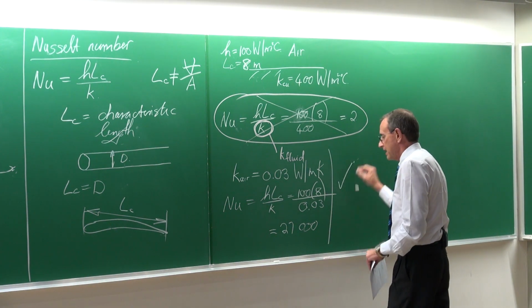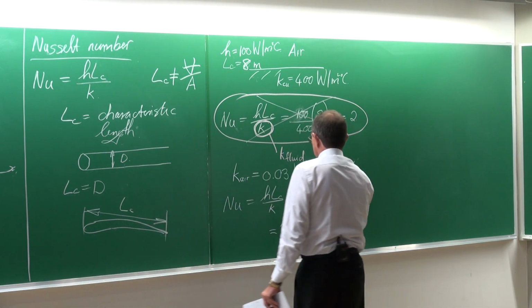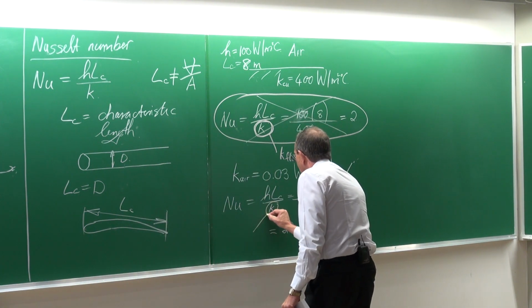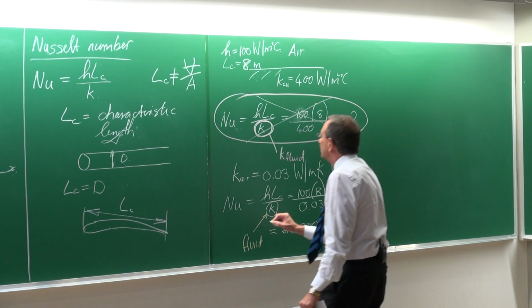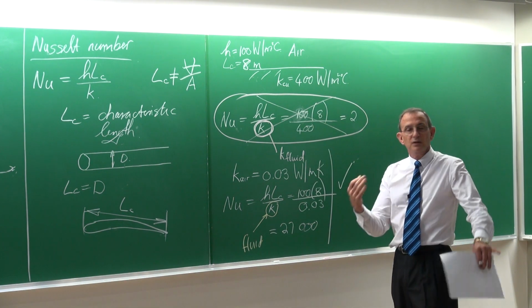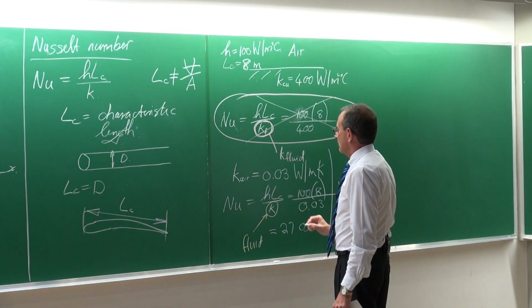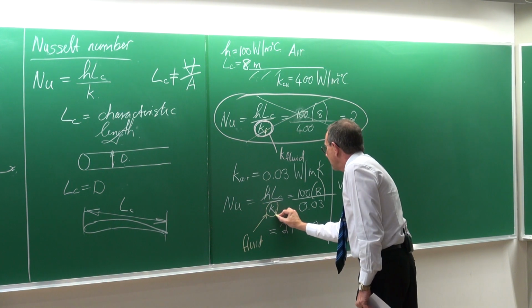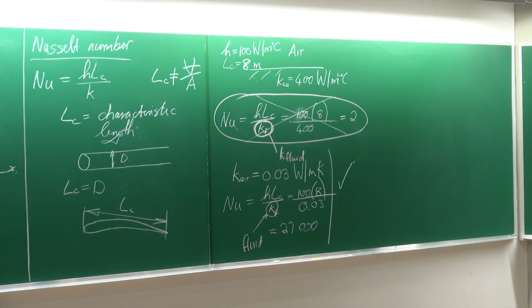So this is correct. And this K value here is the K value of the fluid. And if you want to, in your textbook, maybe you can actually put a footnote in it so that you always remember it's the K value of the fluid, not the material, K of the copper.